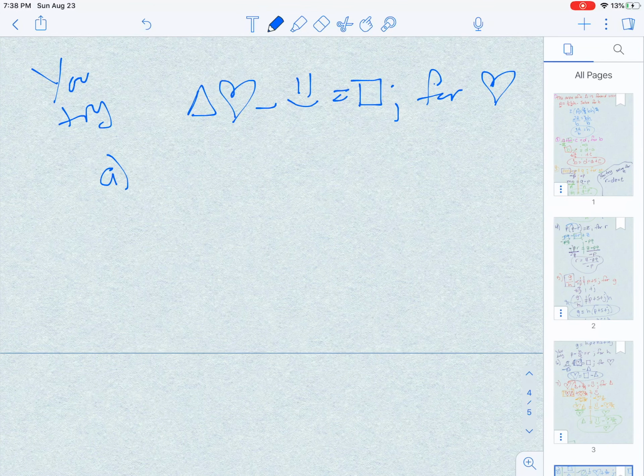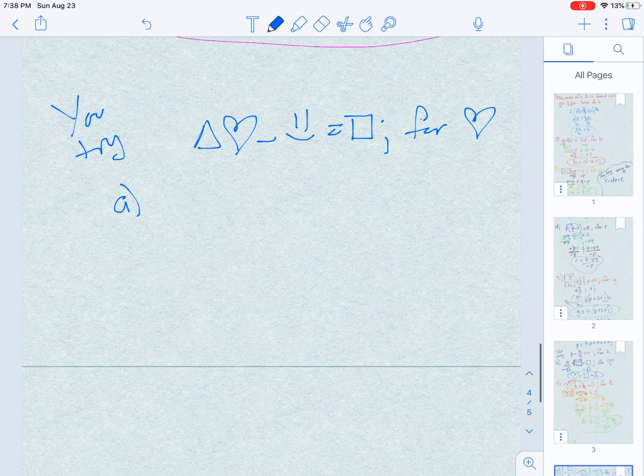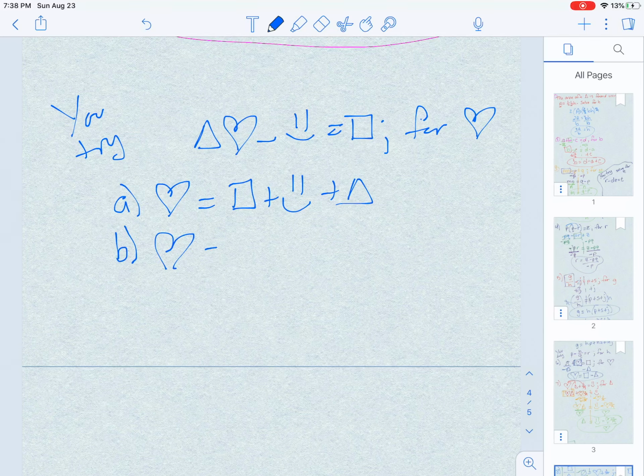Okay? So write these down and then try it. Square plus smile plus triangle, there's A. Here's B. Here's C.